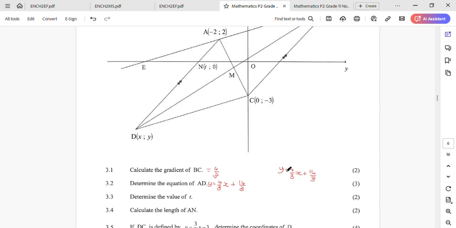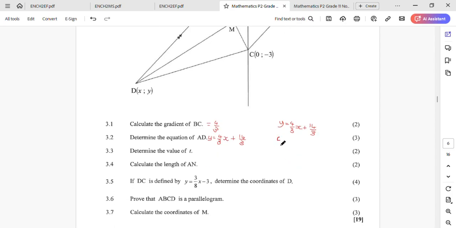So our y is equal to 0. So it's 0 equals 4 over 3 x, where x is the value t, the unknown value, the one we are looking for, plus 14 over 3.